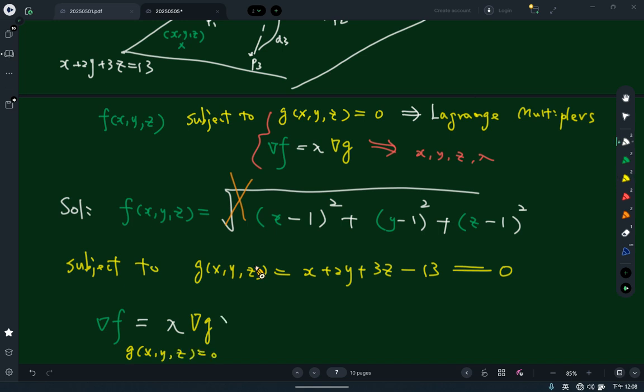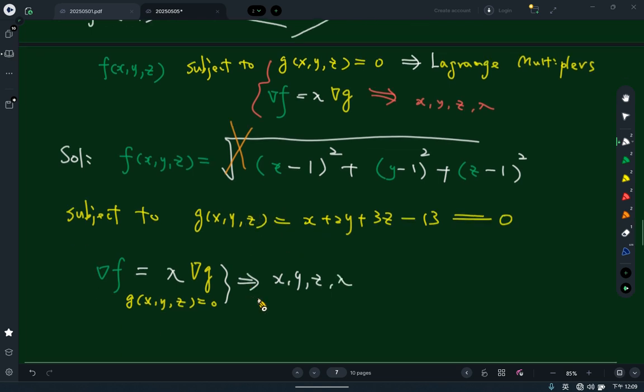Then you can get x, y, z, and lambda. Finally, you can get this one.